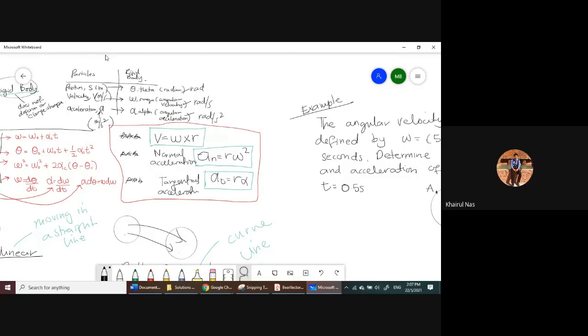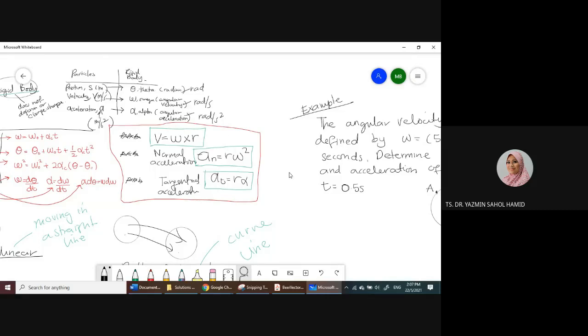Okay, sorry, saya lupa nak inform you the units. Just theta adalah radian, omega adalah velocity, tapi kita namakan dia angular velocity, so radian per second. Alpha adalah acceleration, kita namakan dia angular acceleration, unit dia adalah radian per second squared.